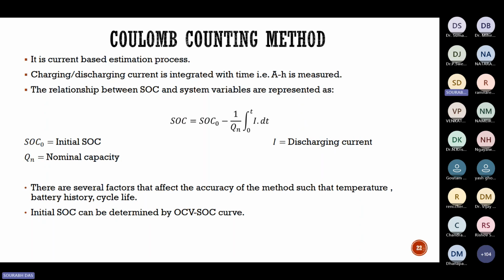Additionally, determining the initial SOC is crucial here, as errors in the starting point can lead to a large inaccuracy over time. The initial SOC is often obtained using the OCV-SOC curve, where the battery open circuit voltage correlates with its SOC after a resting time.